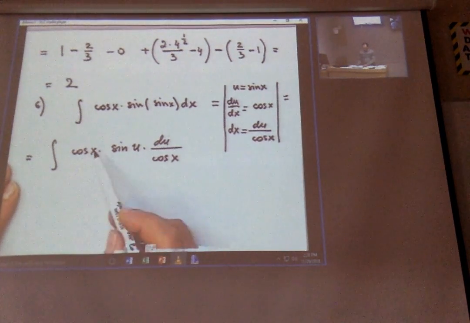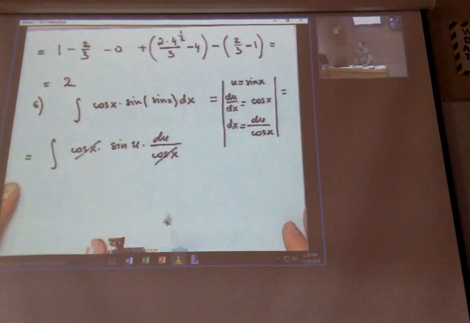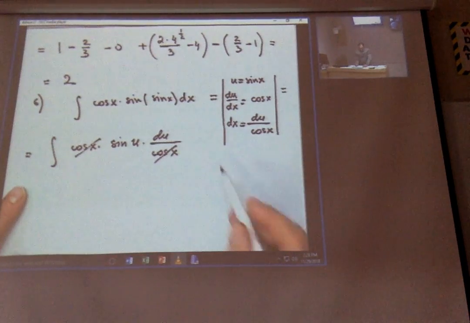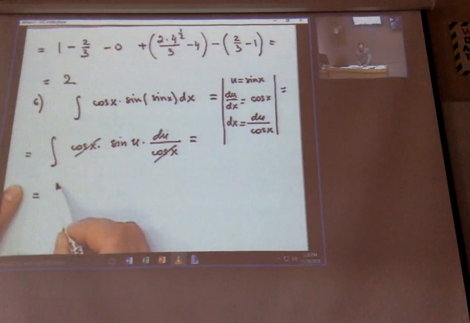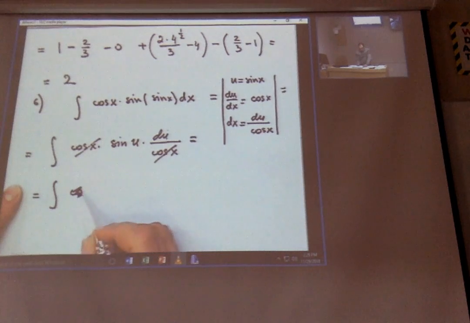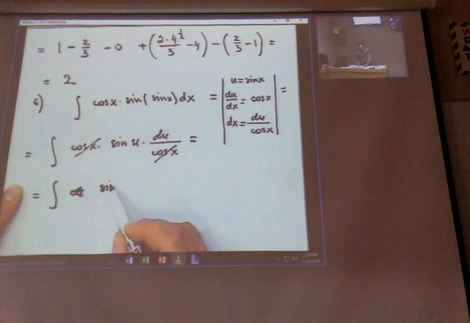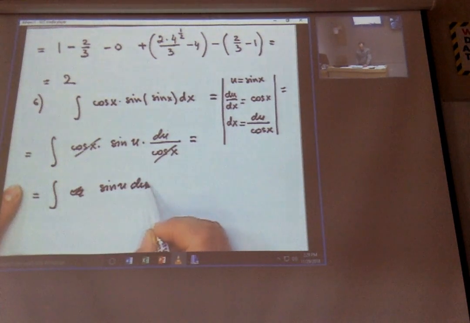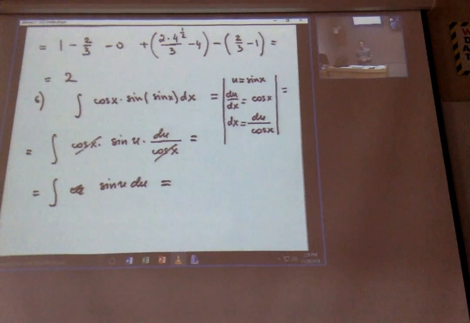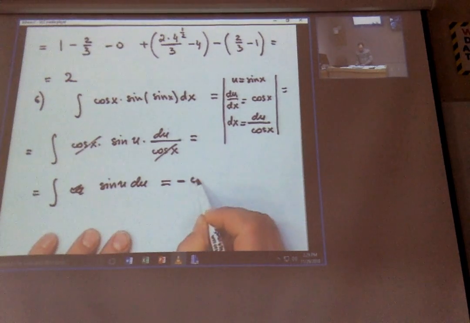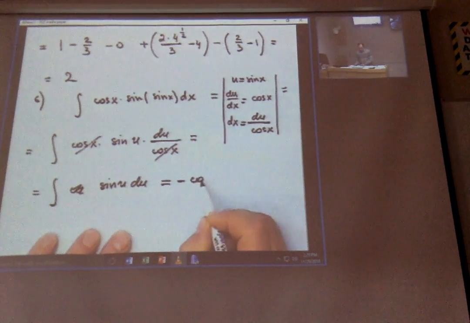These two will cancel, and we have just the integral of sine of u du. What is the antiderivative of sine? Negative cosine, right? So we have negative cosine of u plus c.